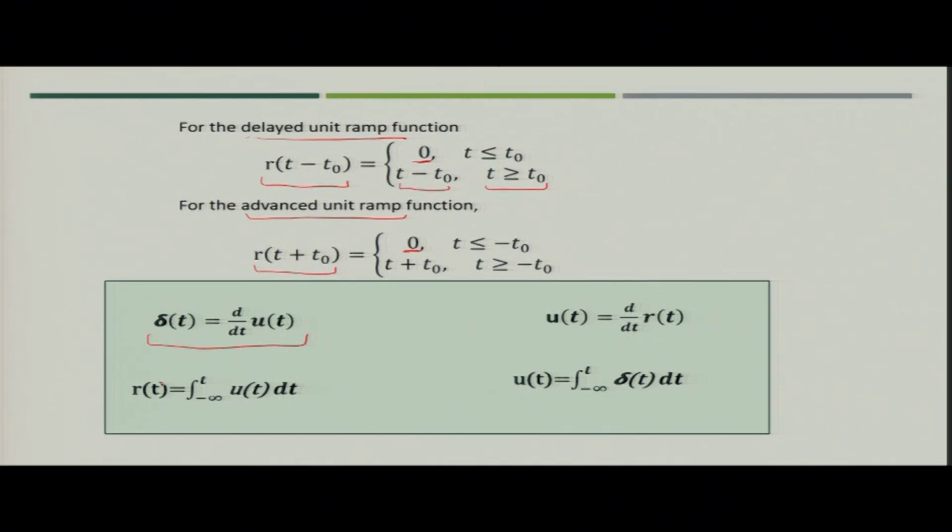Similarly, the unit ramp is the integration of the unit step function, and the unit step function is the integration of the unit impulse function. So these three functions are either the derivative or the integration of each other.